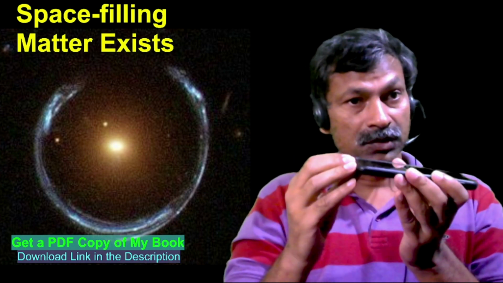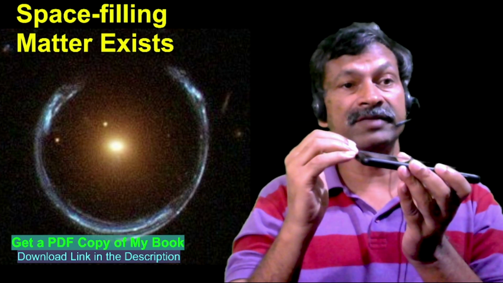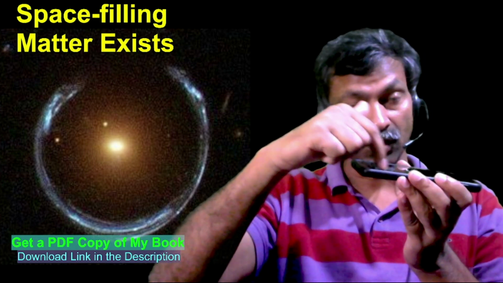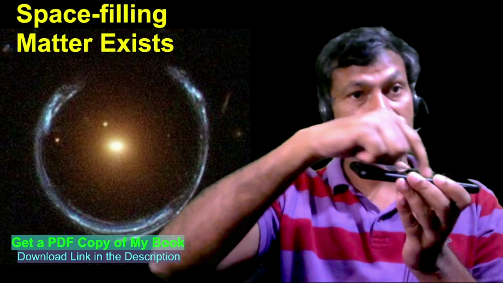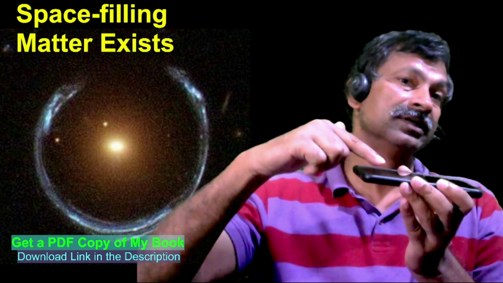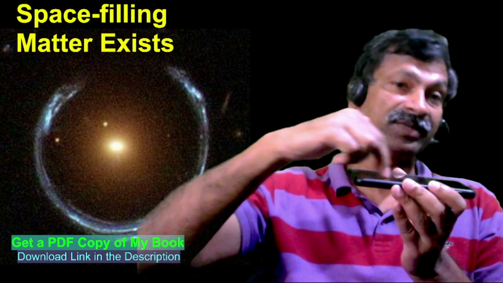So the light speed will change according to the local space filling matter density, and the speed will change multiple times.